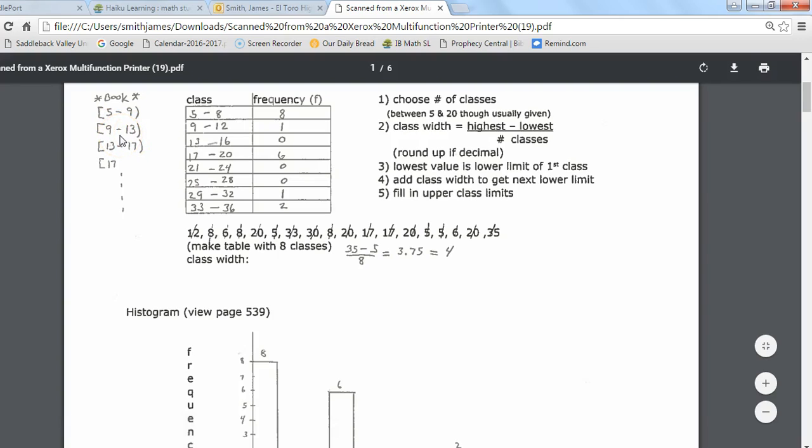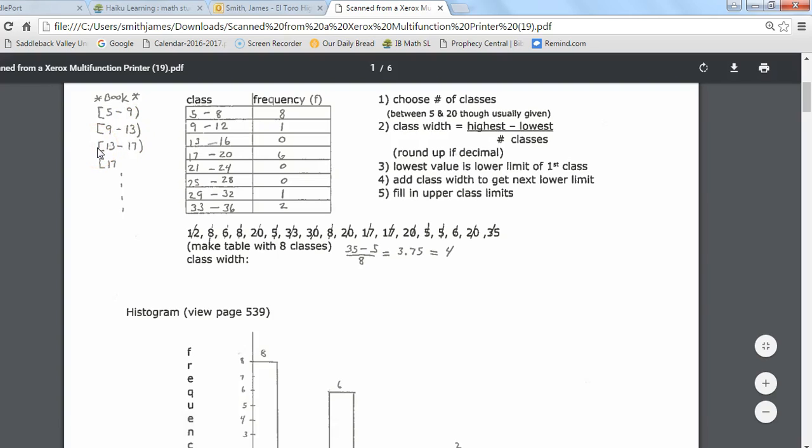Simply put, the reason they're doing that is, if I have a value of 9, where do I put it? Well, this one does not include 9, but this one does. And so if I have a value of 9, it would go within this class right here. If I had a number like 13, it would go here because this one does not include 13, but this one does.